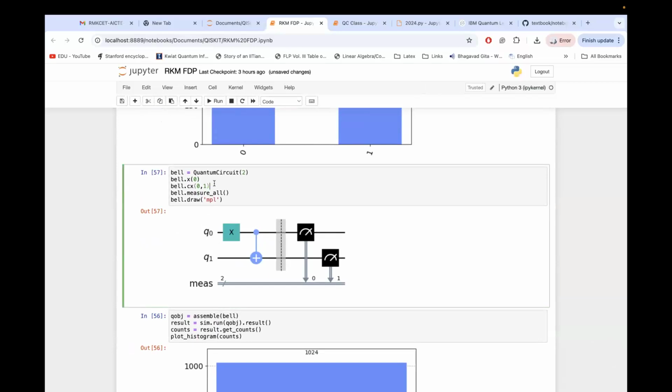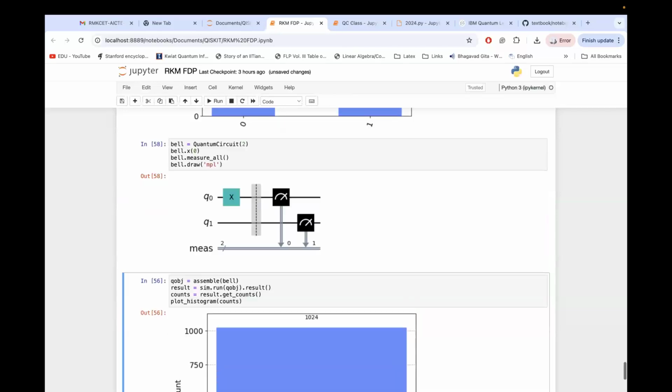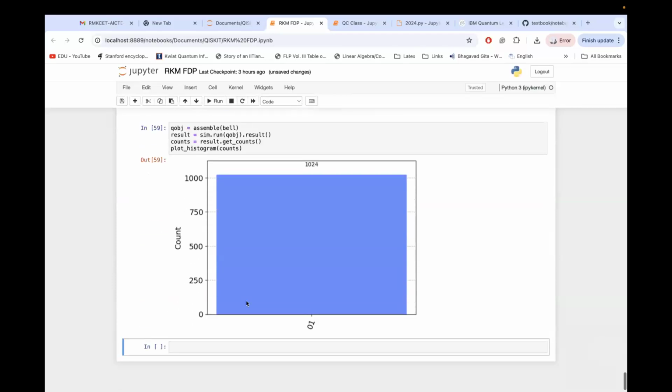Okay, so let's see without this CX, what is the state? Without the CX, right? This is the state, and if you measure it, what are you going to observe? You are going to observe 1, 0. So you have to read it in the reverse order. It is 1, 0, right? So that is the state.